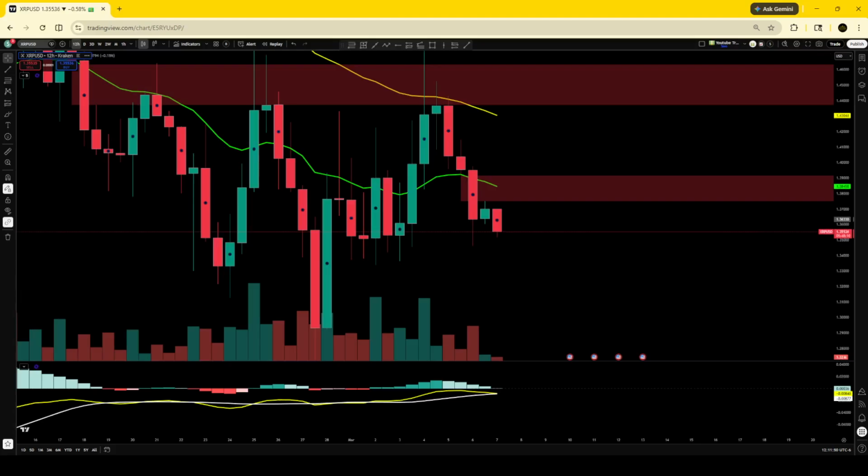All right. So the close is the price where that period ended. The high is the highest price reached. The low is the lowest price reached. These four numbers form a candle.